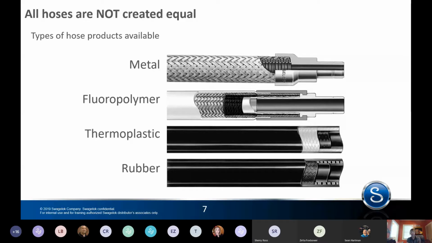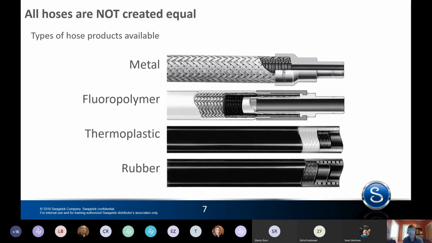So the actual core of this hose is a metal tube that we take and we convolute it to give it flexibility. If you could imagine a very thin metal tube and you tried to bend it, it would kink very, very quickly. So the convolutions on that hose are needed in order to make it flexible.